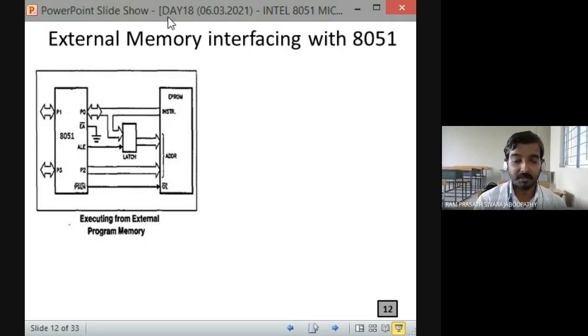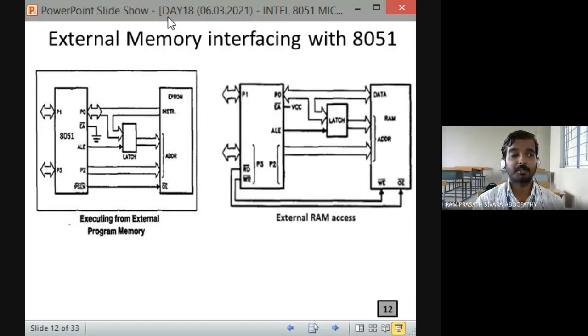Now we will discuss the interfacing of external RAM memory with the 8051 microcontroller. In this diagram you can see the same thing we are using. Port 2 is connected to the address bus of the RAM memory. Again, the demultiplexed lower order address is connected to the lower address lines of the RAM.